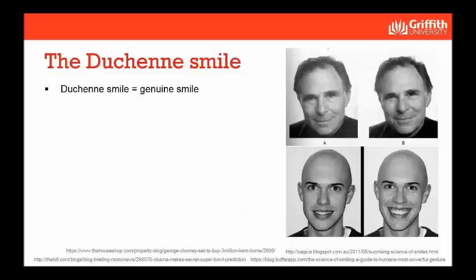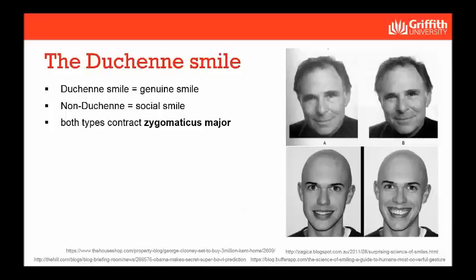Consequently, a Duchenne smile is considered to be a genuine smile, reflecting true happiness and positive emotions. A non-Duchenne smile is described as a social smile, which may in fact be a cover for a multitude of different emotions. The smile you deliver when someone says, "Say cheese."